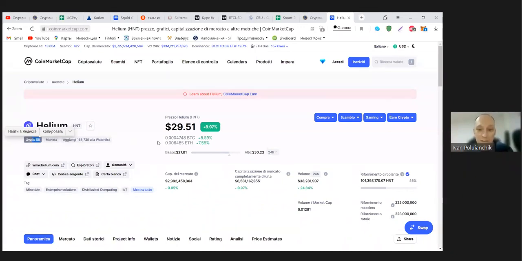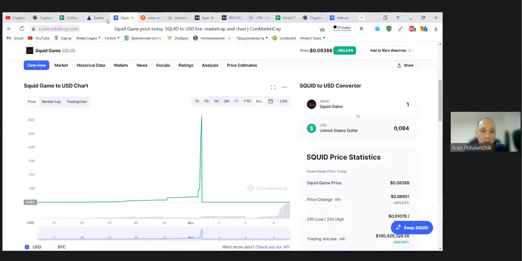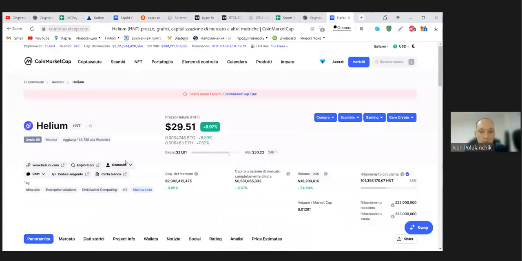Smart portfolio relieves you of the necessity to be asking me questions whether you should buy this coin or not. You just buy a smart portfolio and the best, the most promising coins will be in your portfolio. Helium ranks 59 right now.